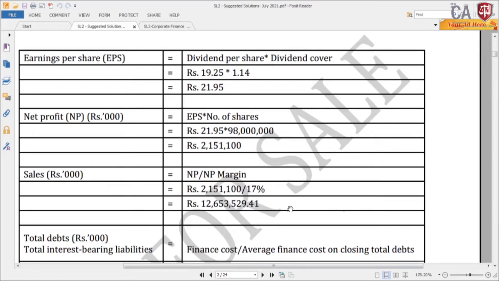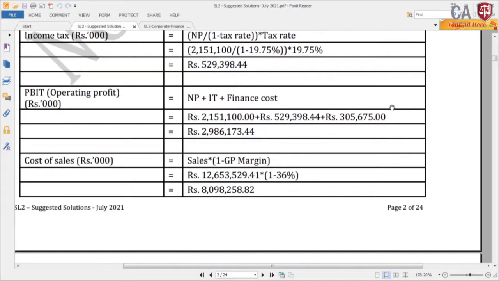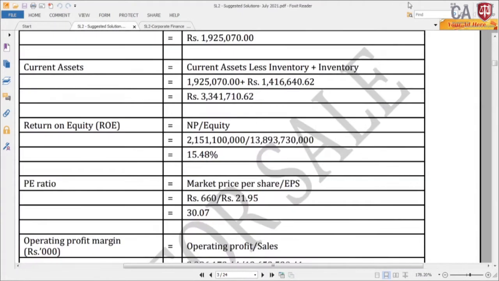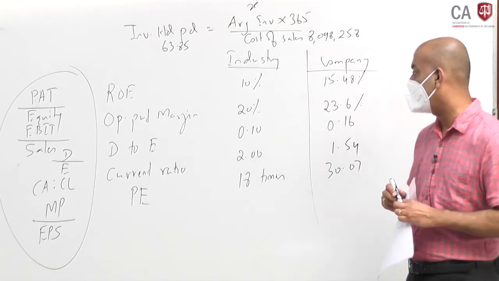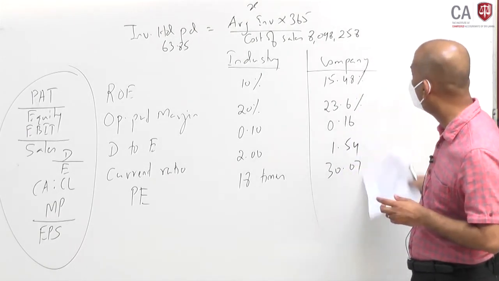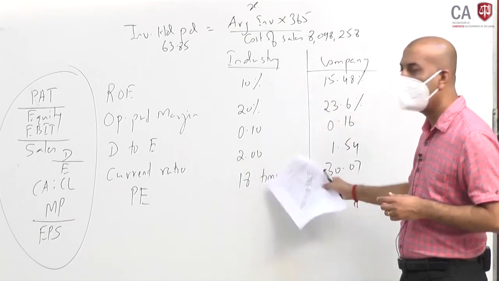So 21.95 is your earnings per share, 660 is your market price. So your PE ratio is 30.07. So these are the ratios of the company against the industry ratios.